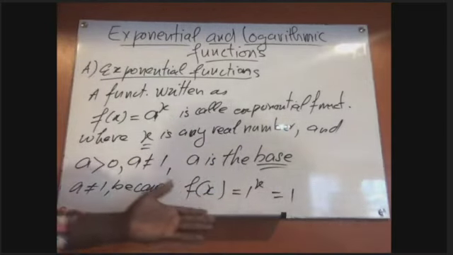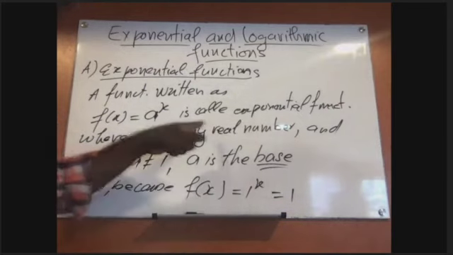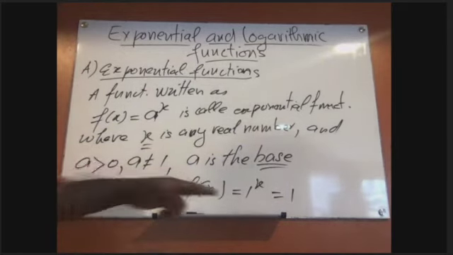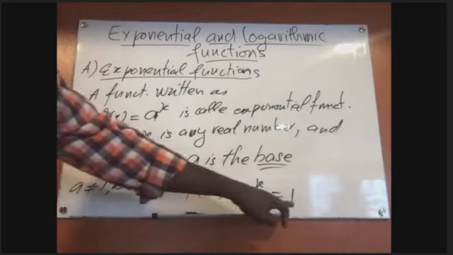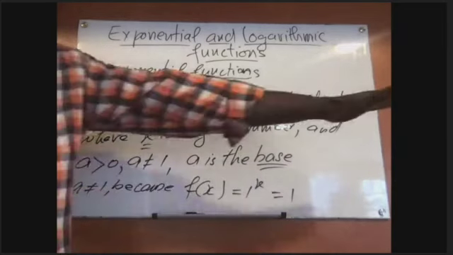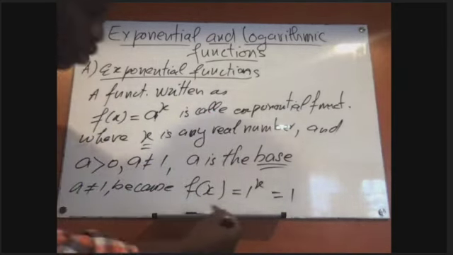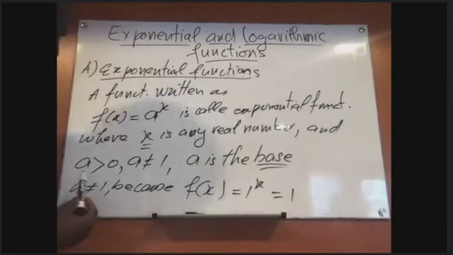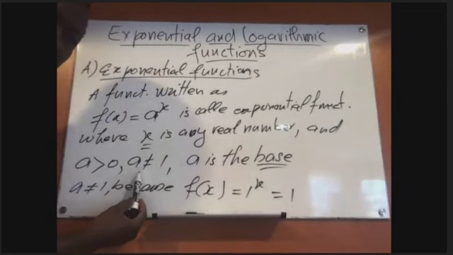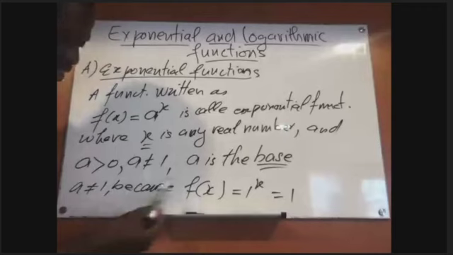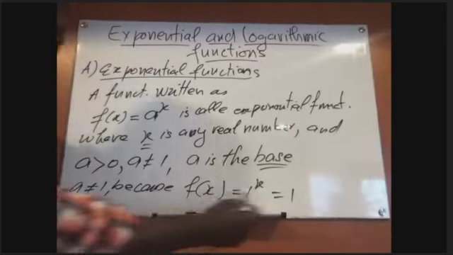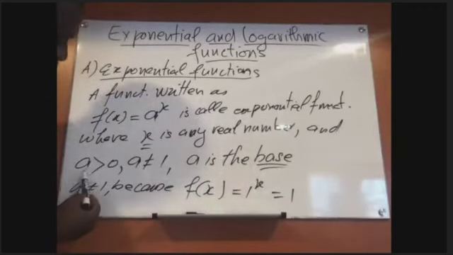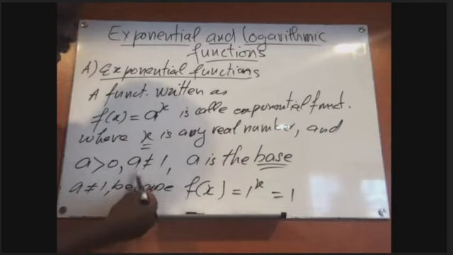Since x can be any real number, if you have 1 to the power x, you're always going to get 1. That gives you a constant function. That's why the base can never be equal to 1. So the base always has to be positive, but it cannot be 1.